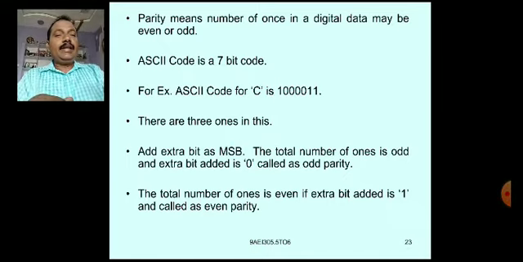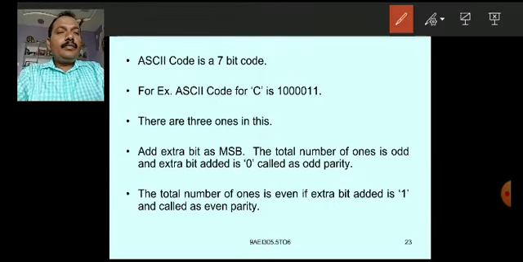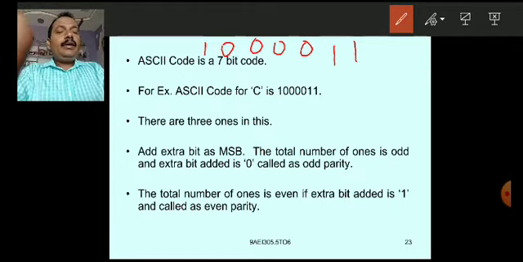For example, let us take this code and add a parity bit. One, zero, zero, zero, zero, one. For example, this is the message signal. I want to add a parity bit in the MSB position. Let us take even first.